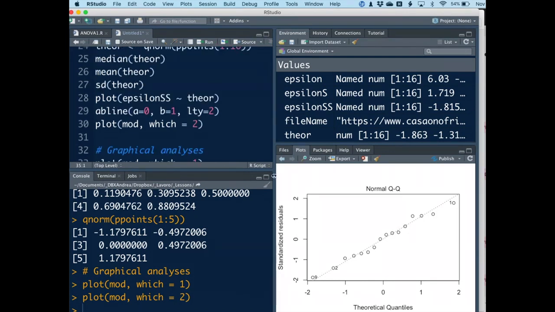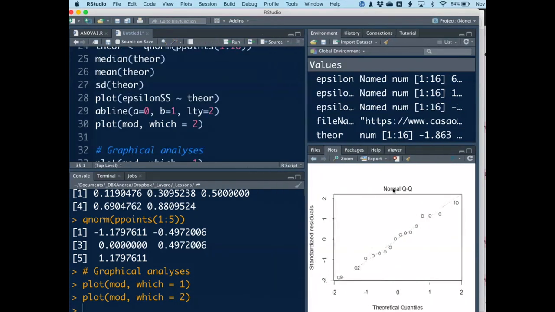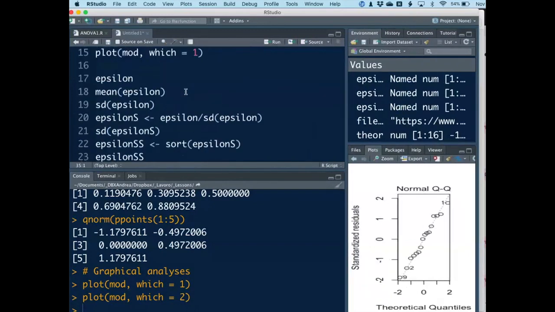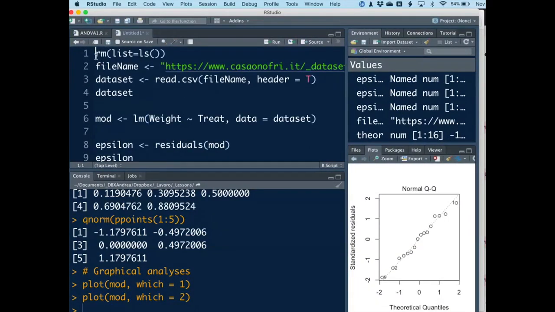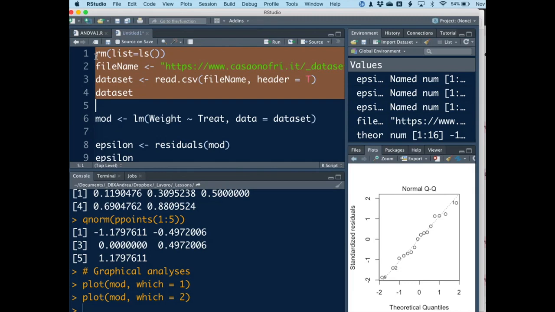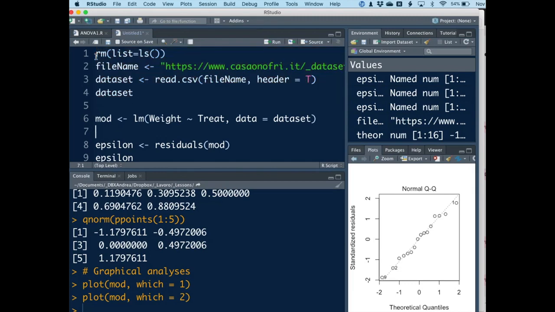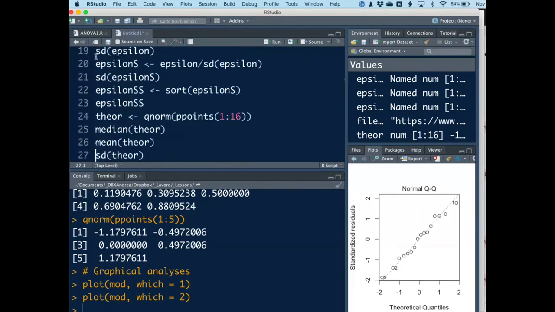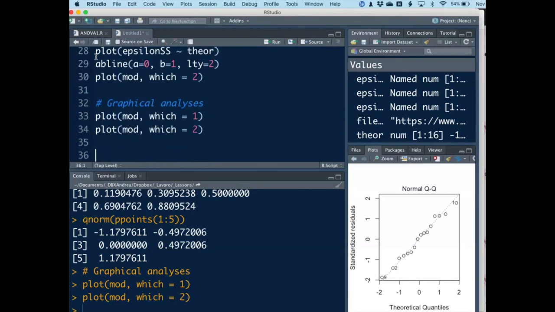I'd like to show you another data set. Now, I'm copying this part here.